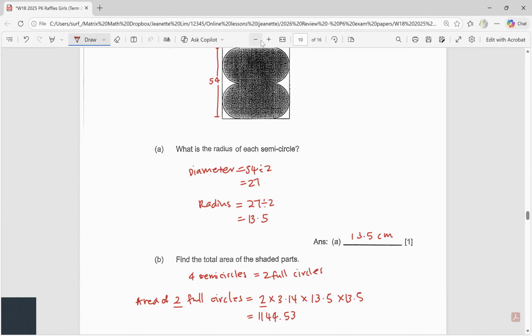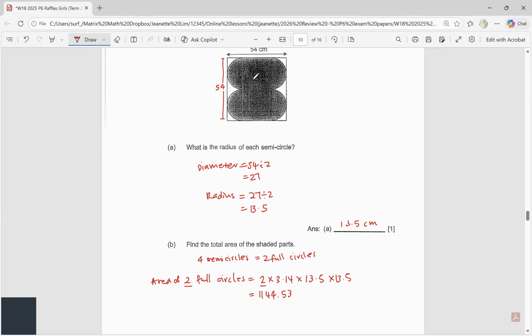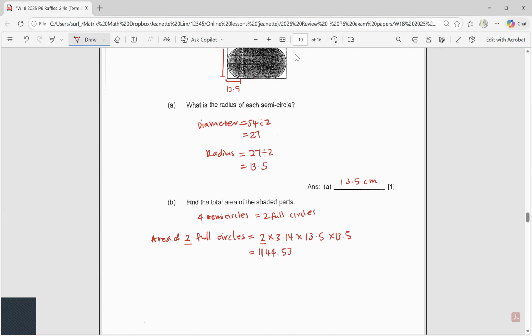Next, I want to find the rectangle here. So this rectangle is 54 minus 2 radiuses. So 54 minus 13.5 minus 13.5. This would give us 27.